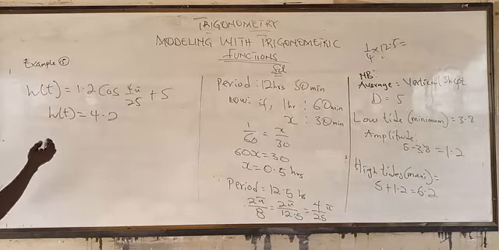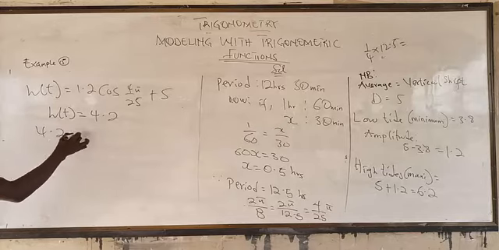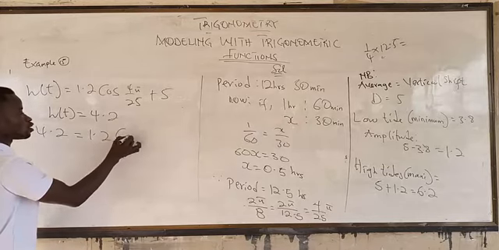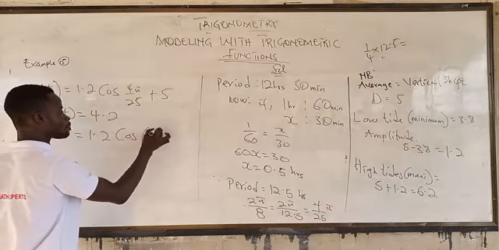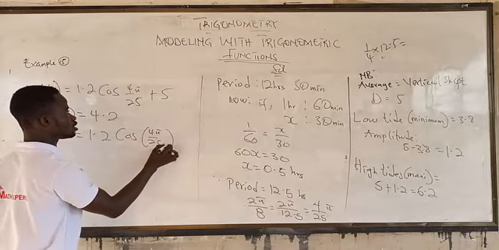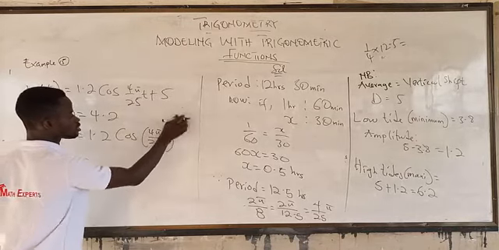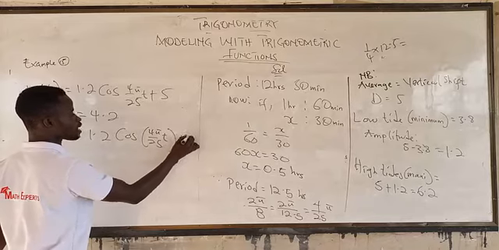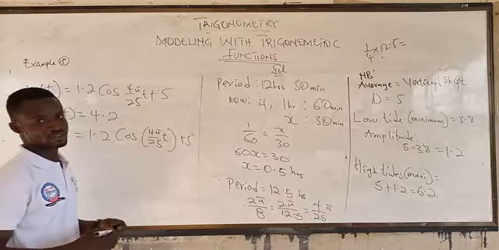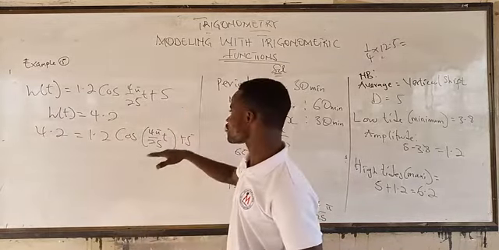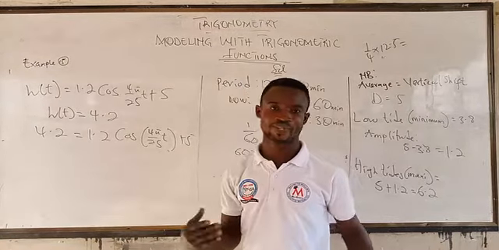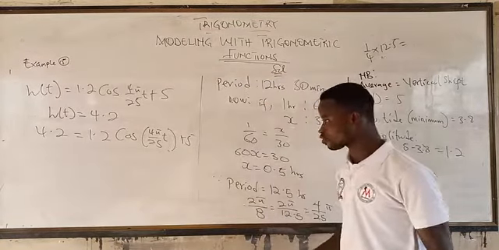Alright. So you get to the substitution. So here, 4.2 is equal to 1.2 cos of 4 pi over 25 t plus 5. So all that we are doing here is that we have to go and find t, and that is the time. That is what we are going for.